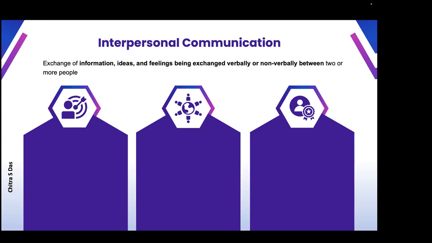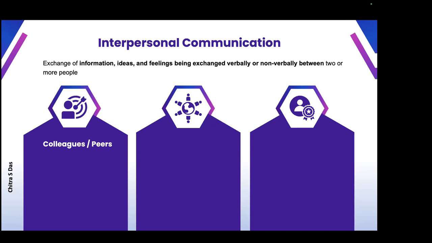So what do we need to know? Interpersonal communication is nothing but the exchange of information, ideas, and feelings through verbal or non-verbal communication between two or more people. So that we saw already. And one could always ask, how do I communicate with my colleagues versus my boss?